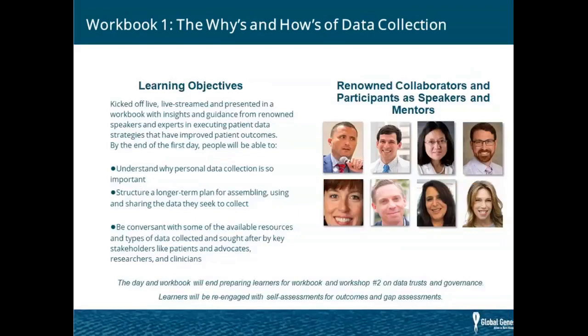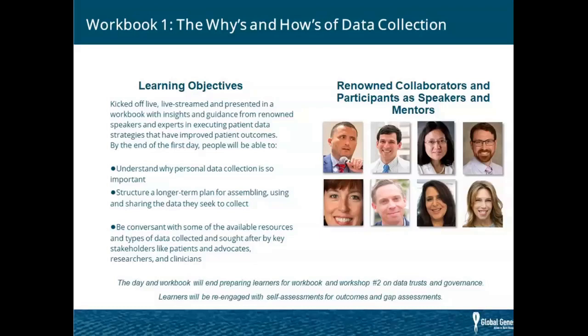And then as you progress, we'll make sure there's common understanding of what kind of data we're talking about, how it's used in collaboration with researchers, and most importantly, how to prepare your journey to be able to assess platforms and tools and put together a data collection strategy that minimizes the risk of not asking the right questions or not structuring data in a way that can travel well with you.